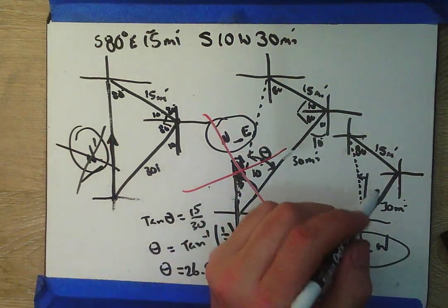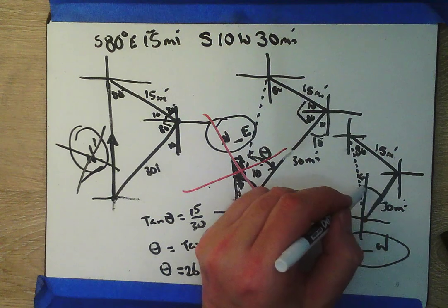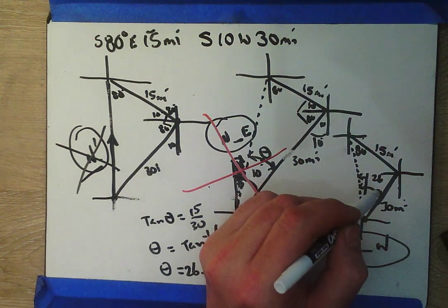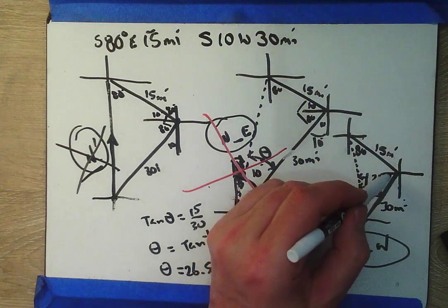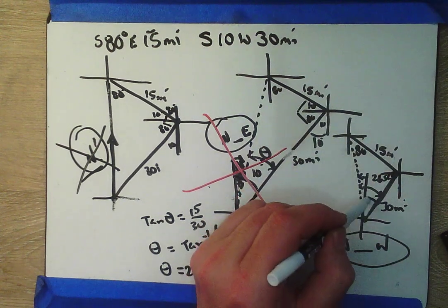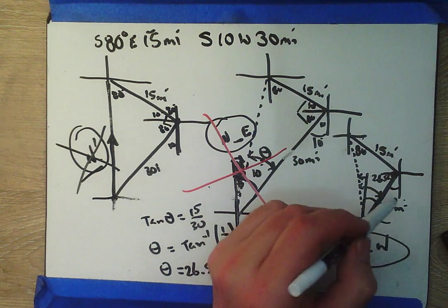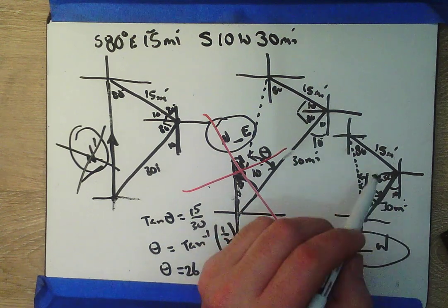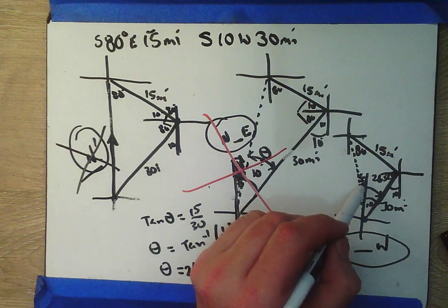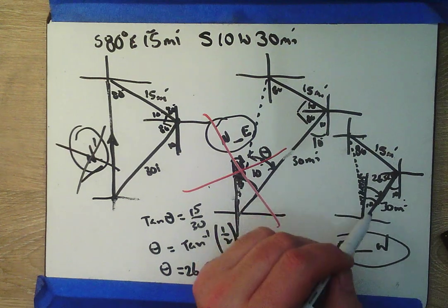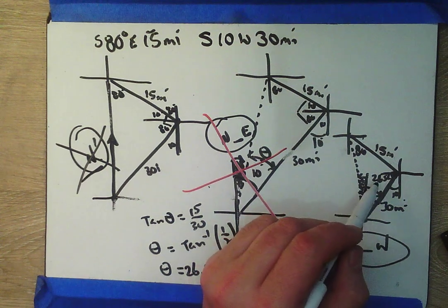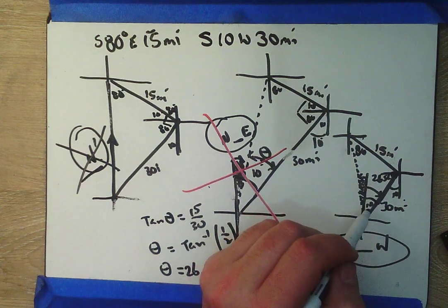Because when we solved for the angle inside the triangle, we got 26.565 degrees. This angle here is the same as that one. If this is 10, then this is 10. And so then this bearing angle home is the difference between the two, between the theta, 26.565 degrees, and the alternate interior angle, 10.